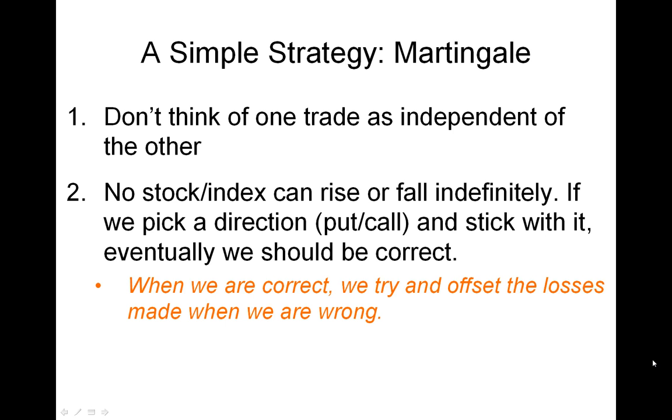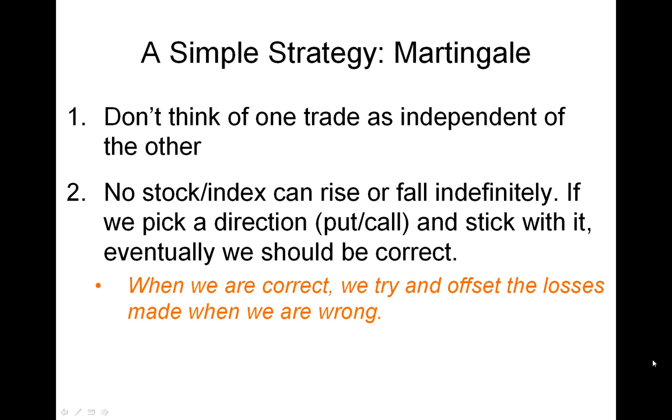Essentially, whenever we're correct, we try and offset the losses we made when we were wrong. So let's say we made a number of incorrect trades and we lost X dollars. As long as we're correct at some point in time, all we have to do is make a profit of an amount that's greater than X dollars, greater than the amount that we've lost so far.